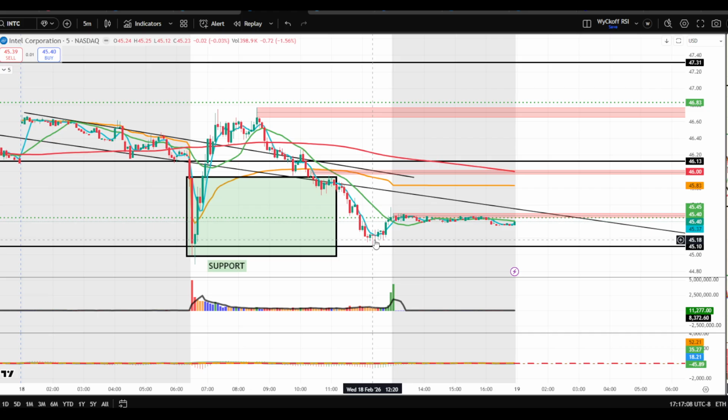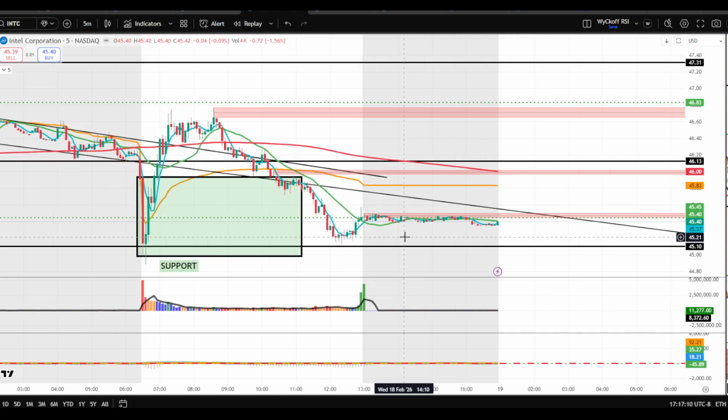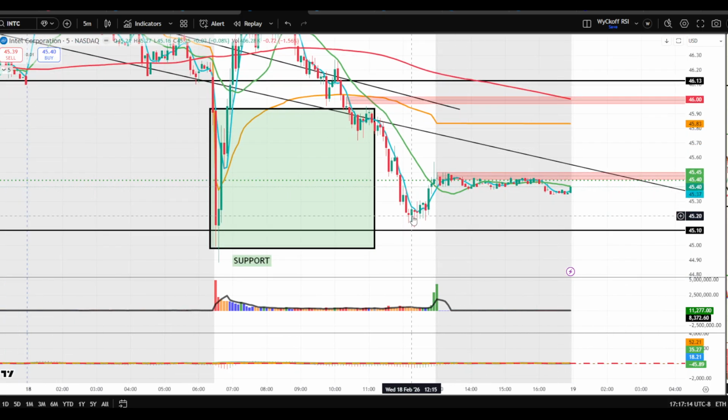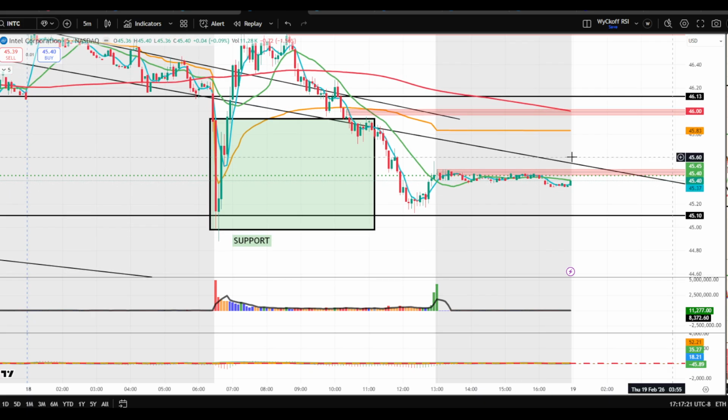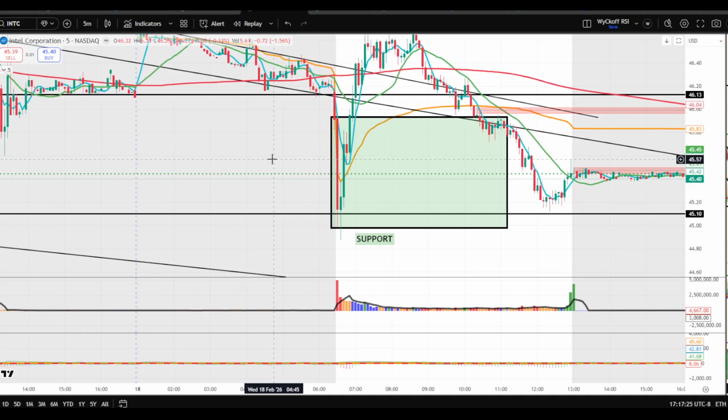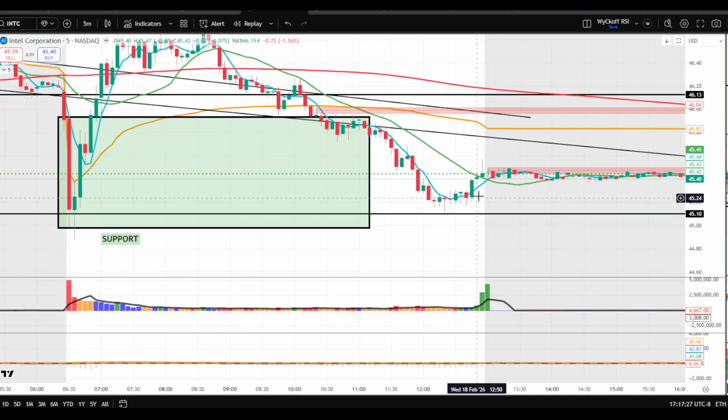So I took a chance and took a little small trade at the end of the session here and took a little bit out. I would say not a very good trade, but it was enough to just get a quick scalp out. I wanted to make sure that I sold all my positions before the close of the market.